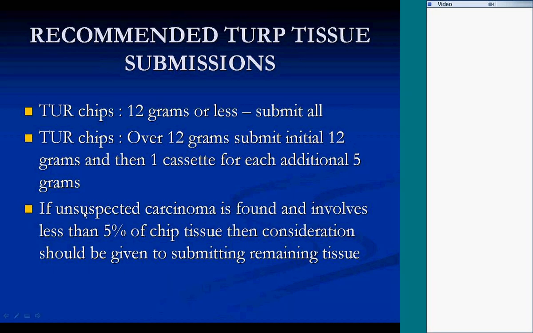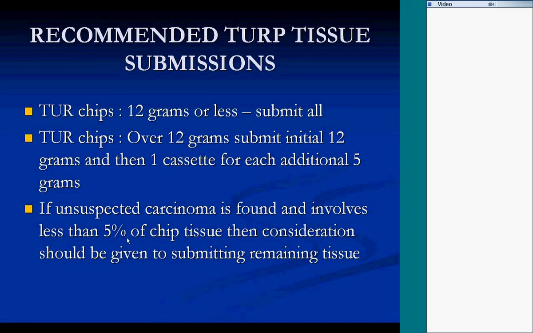And then what if we see cancer that's incidental and clinically unsuspected in the initial round of examination of slides? We haven't submitted all the tissue. Well, probably one ought to go back then and submit the remaining tissue if you do see cancer that's pretty focal, less than 5% of chip tissue, because that's an important clinical staging cutoff.